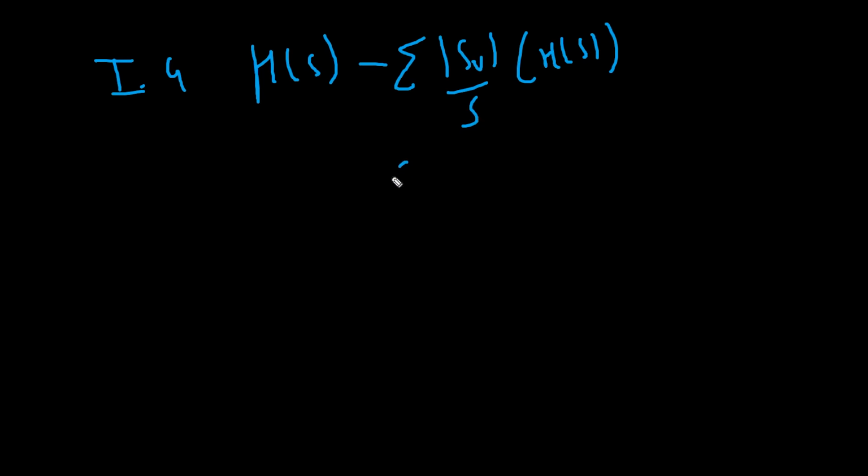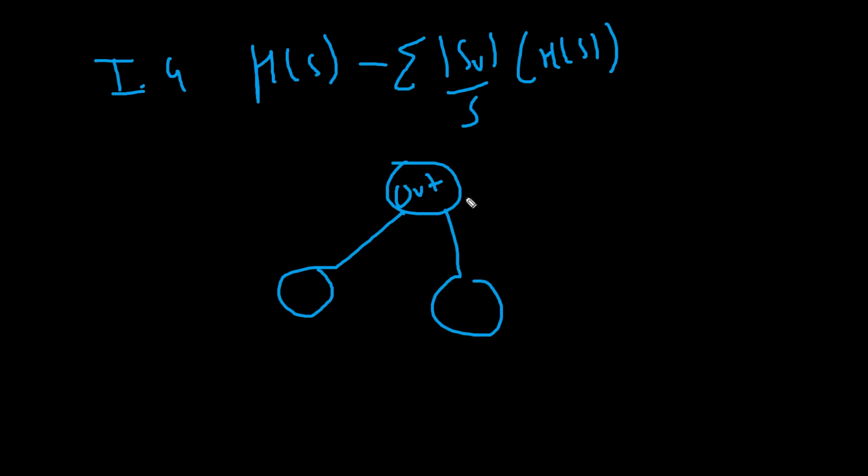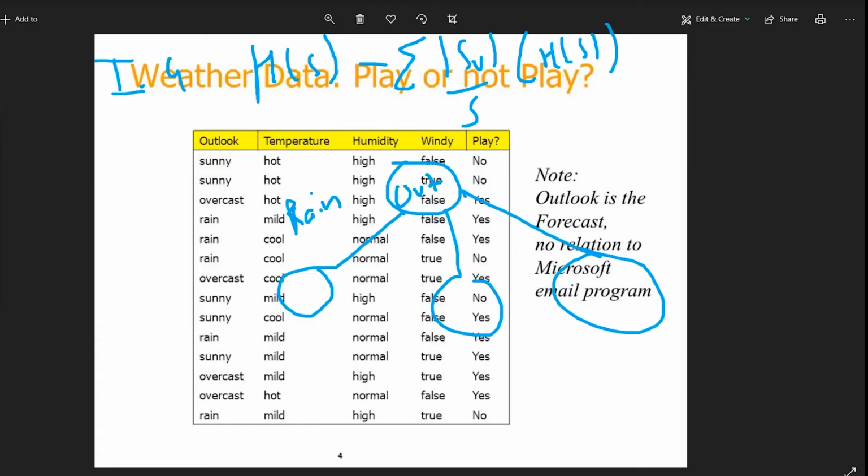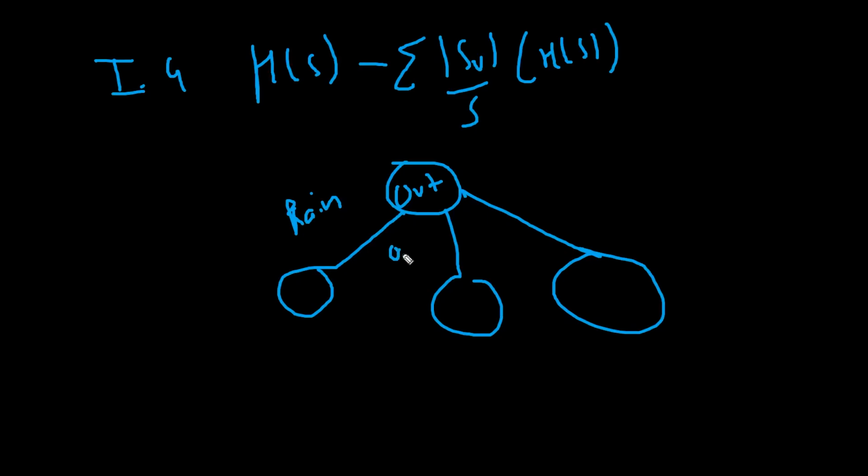So we will use outlook as this node. Now it is going to split three ways, because we have three different values in outlook. The first is rain, the second is overcast, and the third is sunny.